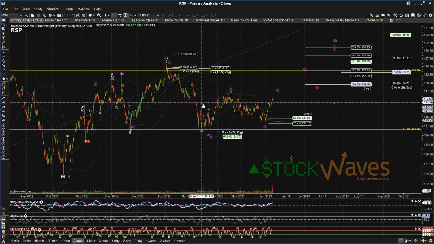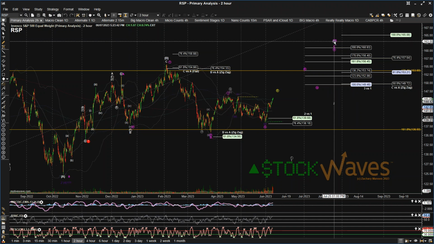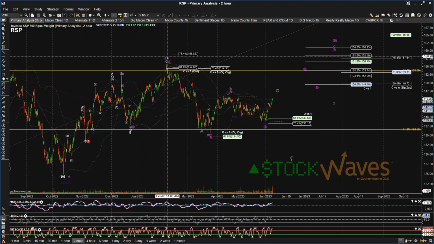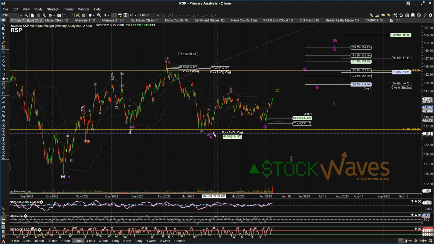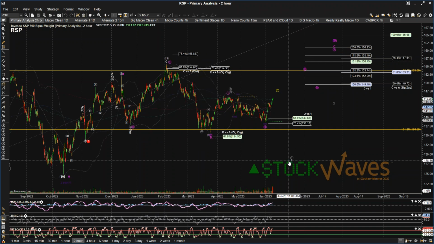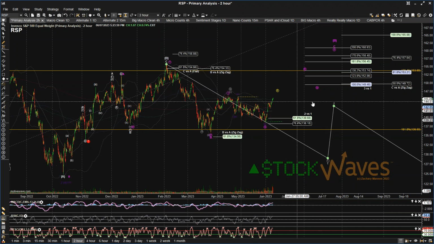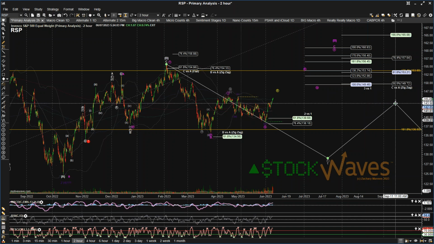Actually, it's more similar to the Dow in that if it is bullish, we have a possible 1-2 start to a C wave up, even though that might not make a higher high. But there is this bigger risk that I pointed out earlier today in stock waves, that we can still count the B wave as topped back here in February, and a possible start to the move down, which might be the A and the B wave of wave 1 of an ending diagonal.